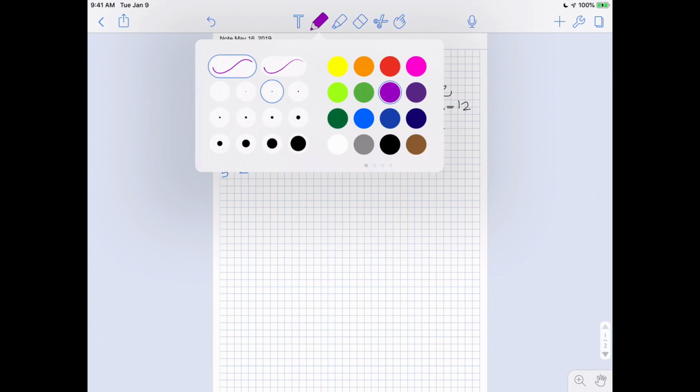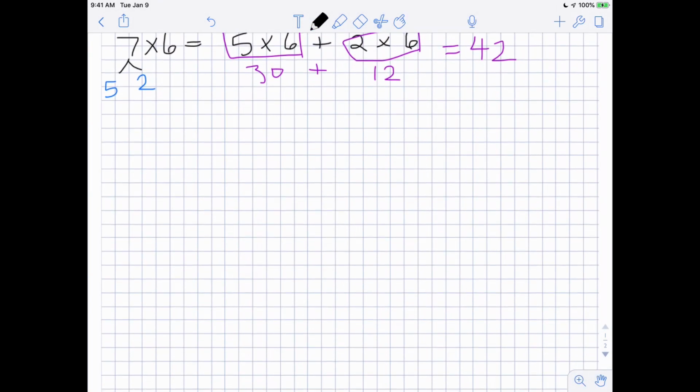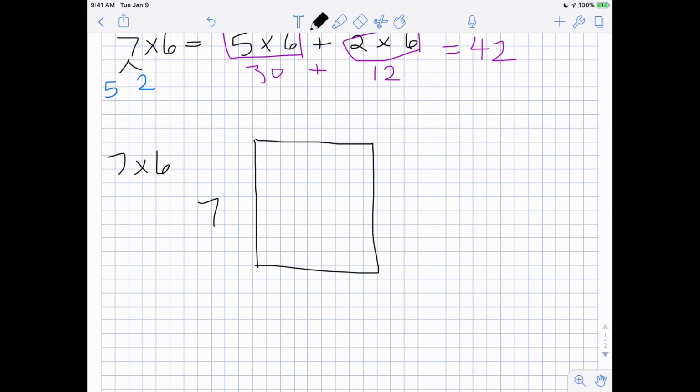And if we want to, we could look at that in the area model. All right, so we could say 7 times 6 is really thinking about 7 rows of 6. Here's our 7, here's our 6, and we can take these 7 rows. Let's say that's 1, 2, 3, 4, 5, 6, 7.